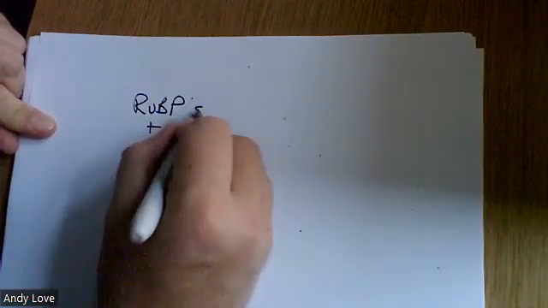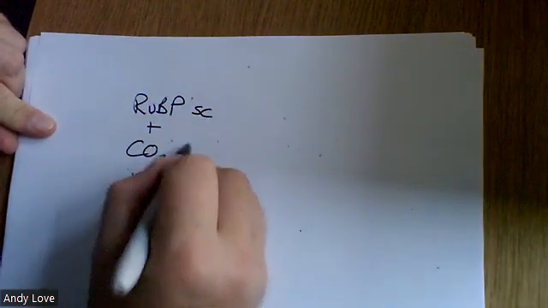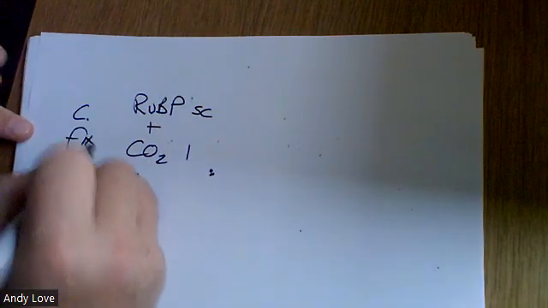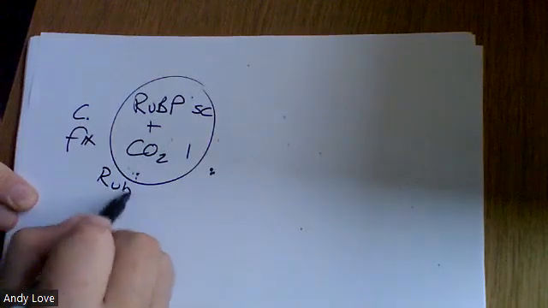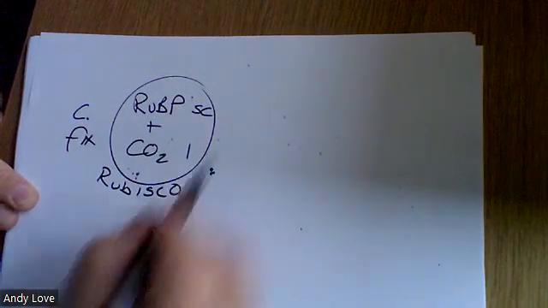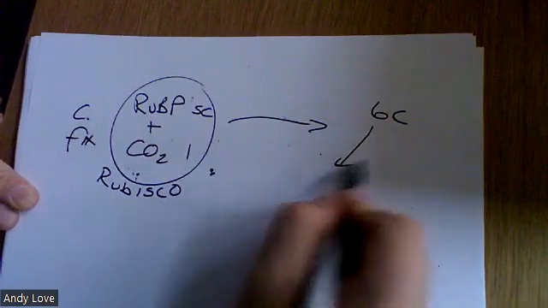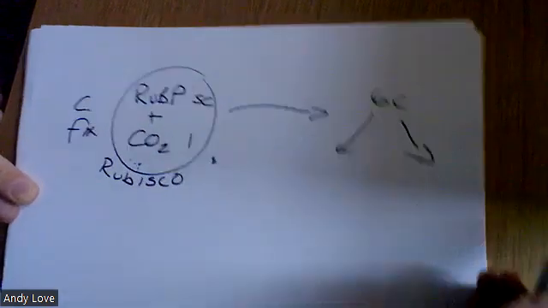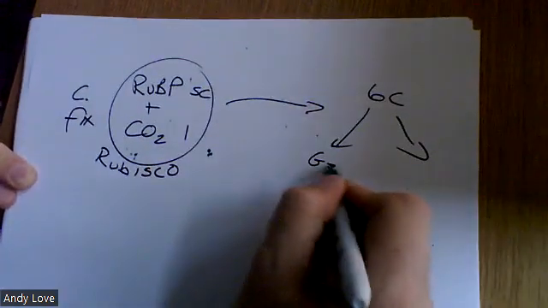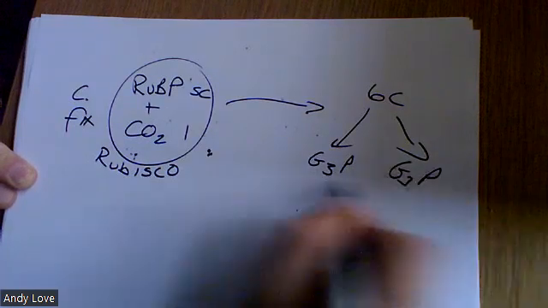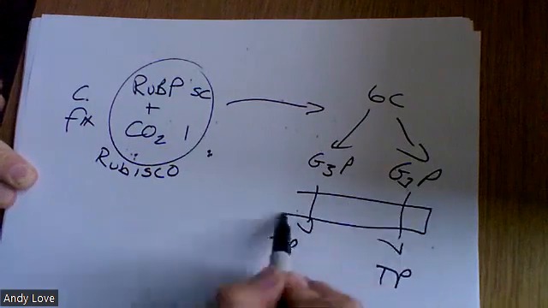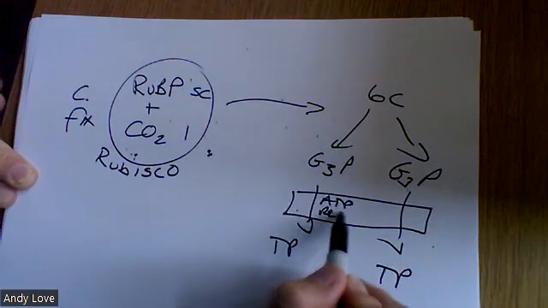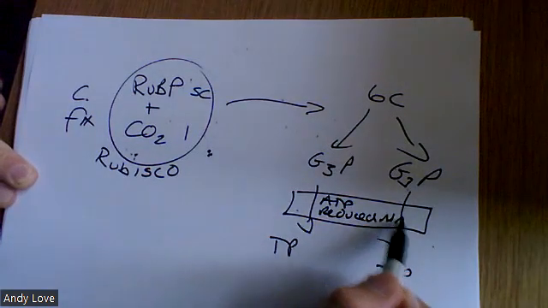So we've got RUBP, which is 5, joining on CO2, which is 1. We call that carbon fixation. It's catalyzed by that beautiful enzyme called Rubisco, and that turns into a 6 carbon, unstable molecule. Sometimes I don't even talk about that 6 carbon. And it turns into 2 lots of G3P, which turns into TP using the products, so the ATP and the reduced NADP.